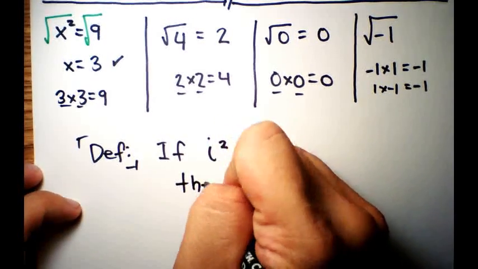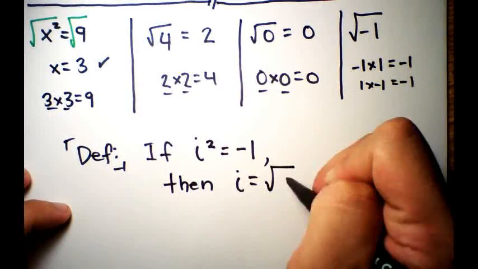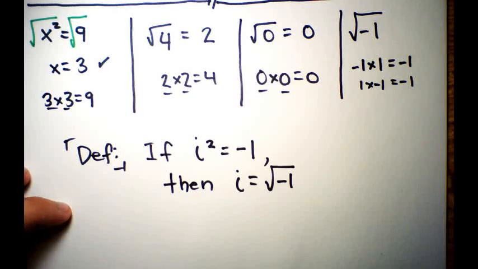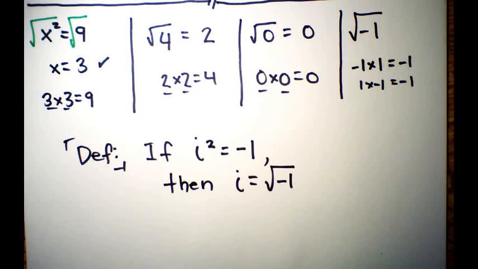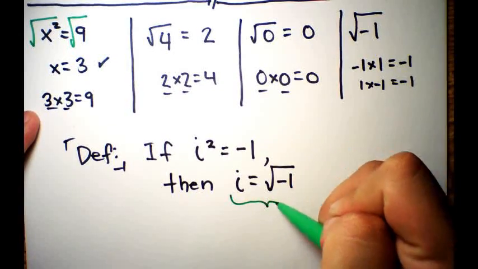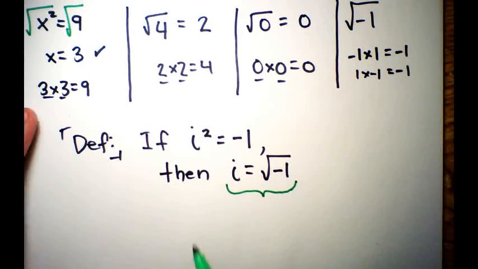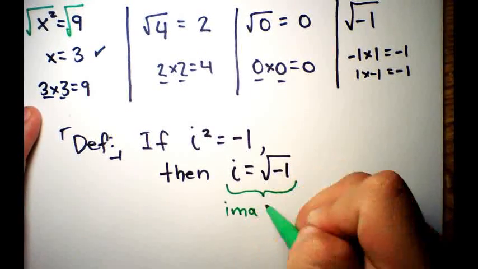Then when we square root both sides, i is equal to the square root of negative 1. So this is a little bit more formal of a definition, but the important thing with this definition is this part right over here. i is equal to square root of negative 1. This is your imaginary number.